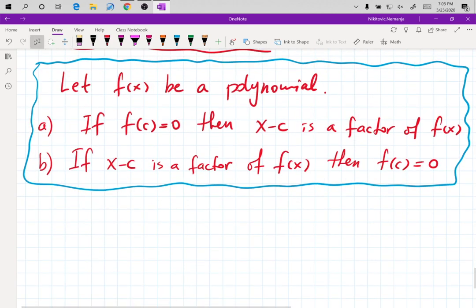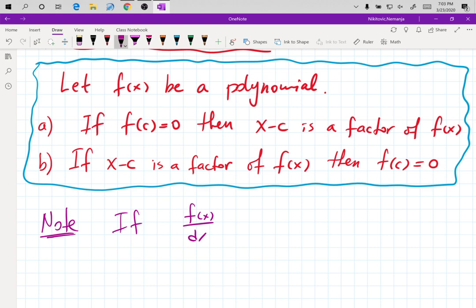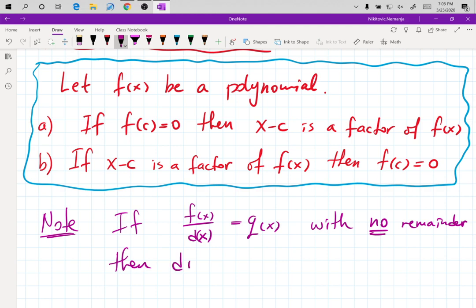I will write this as a note. If f of x divided by d of x is equal to q of x with no remainder, then d of x is a factor of f of x.